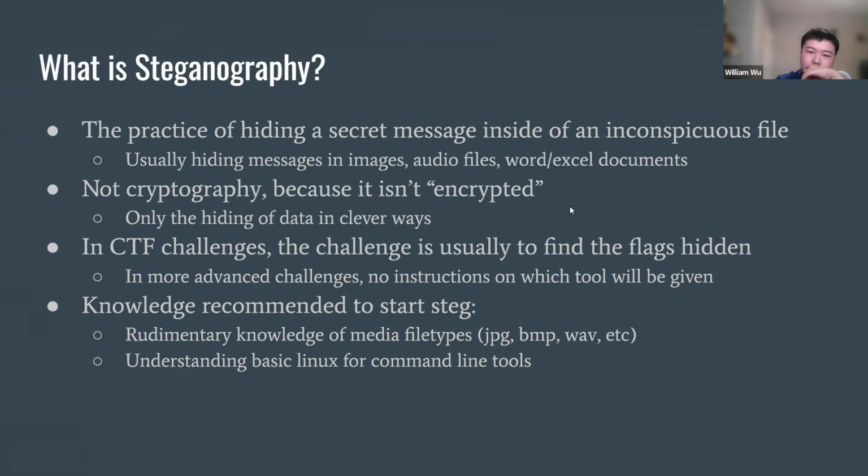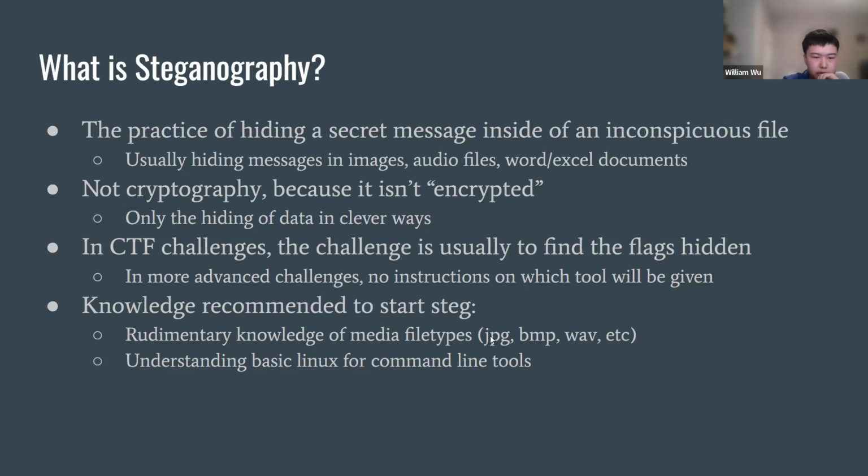It's not cryptography because it isn't encrypted. That's not entirely true, honestly, because it could be both. The text that you get from the picture could also be encrypted, and then you need cryptography for that. And then, yeah, you just want to find the flags inside of the file.